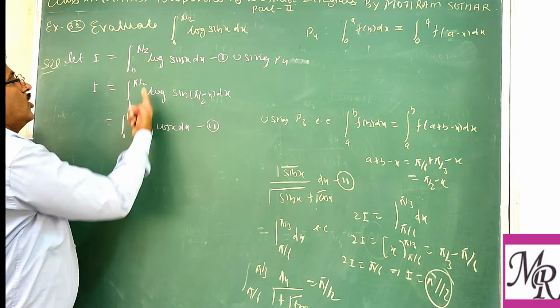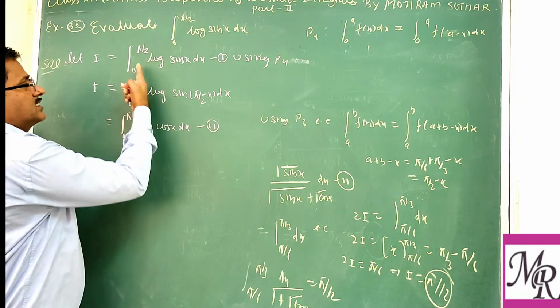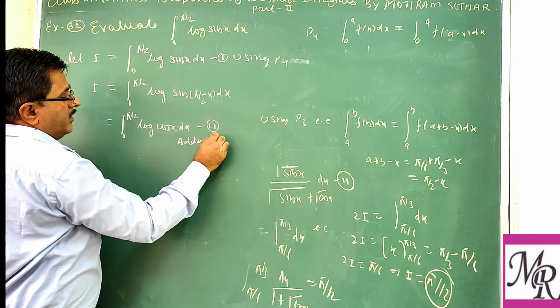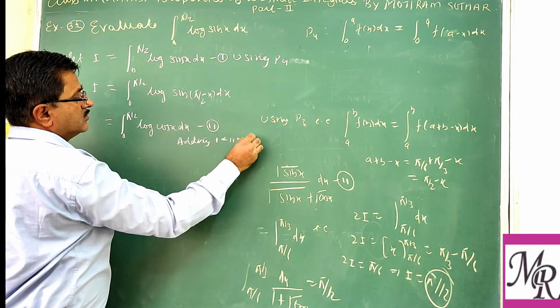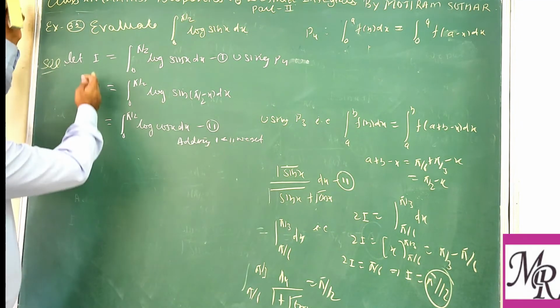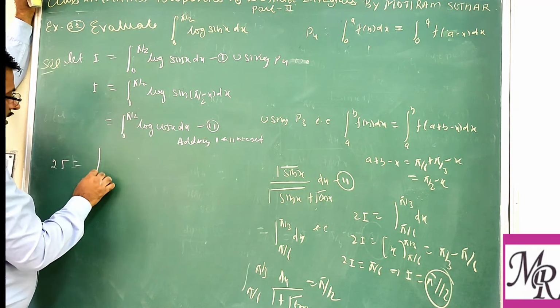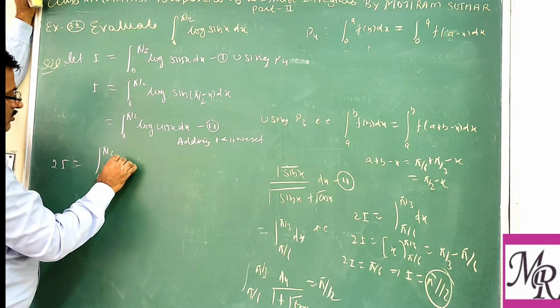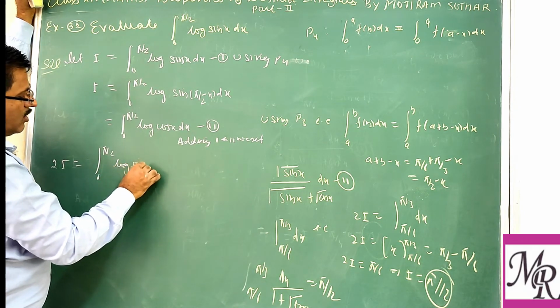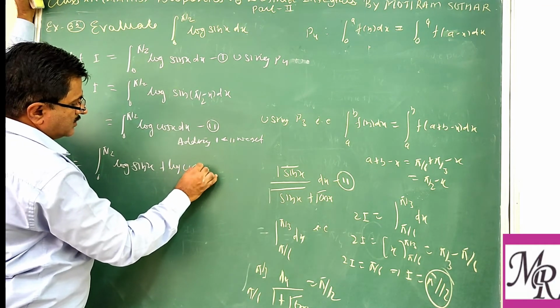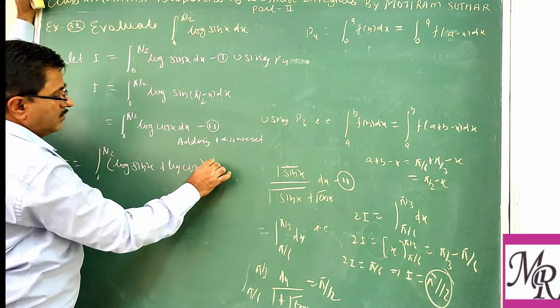Now here the log is the same, and the integral and limits are the same. So we may add 1 and 2. What do we get? On the left side, I plus I, 2I, and on the right-hand side, integral from 0 to pi by 2, first log of sin x, second log of cos x, whole into dx.